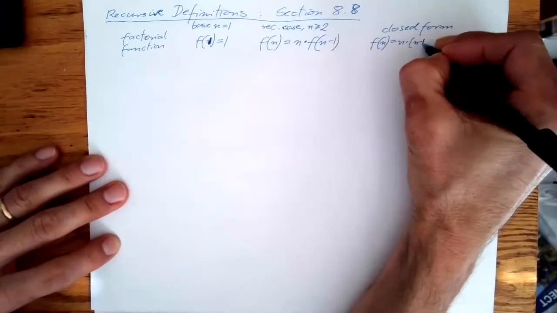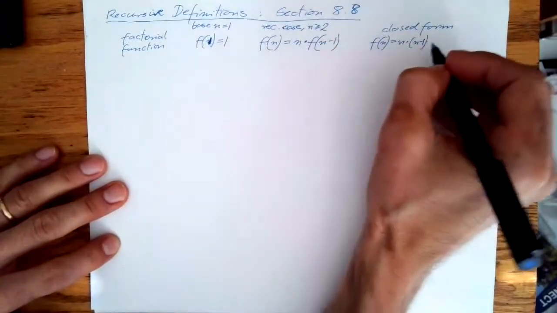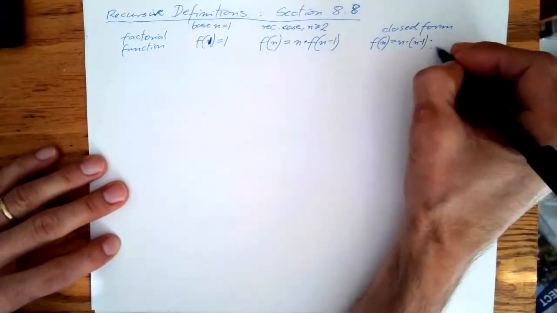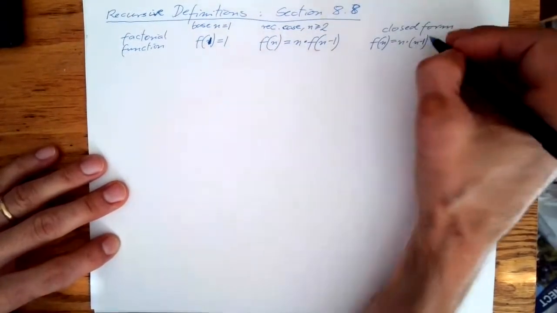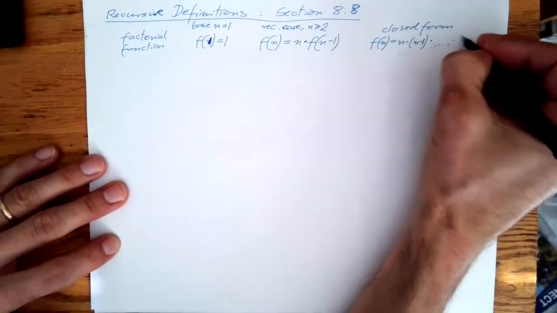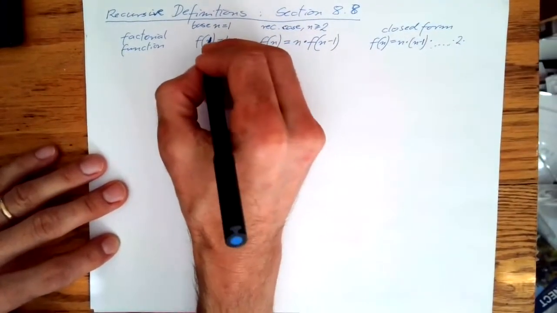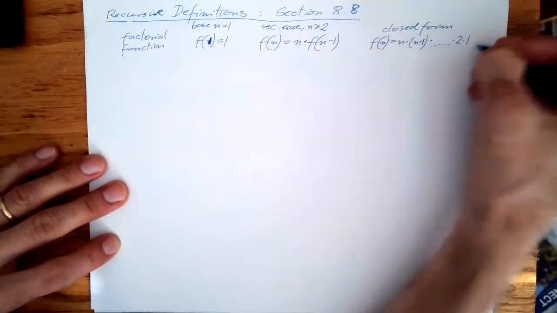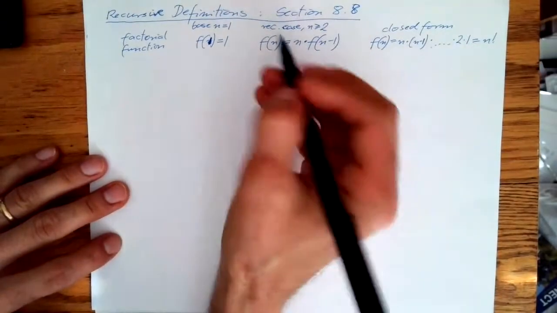So the next thing that you will be multiplying is n minus 1, and so on. If you ran the code again, you will have n minus 2, dot dot dot. Eventually, you will come down to the value at 1, which is defined by the base case. So this is a recursive definition of a factorial.